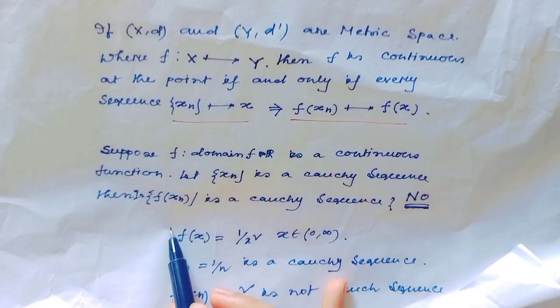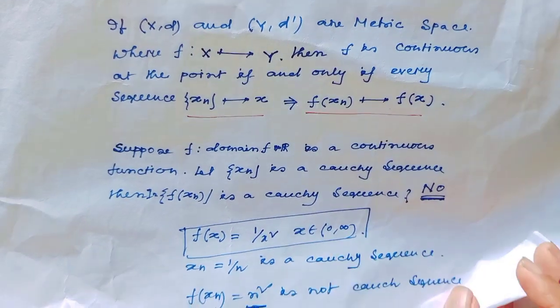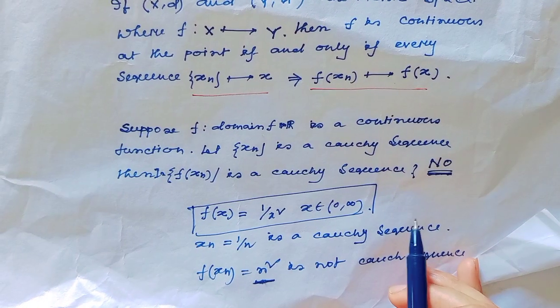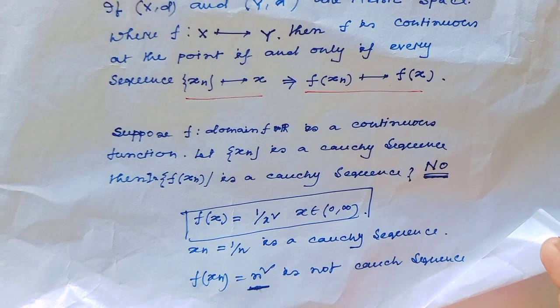Since this function is not uniformly continuous on the open interval 0 to infinity, we cannot tell that f of xn is also Cauchy.